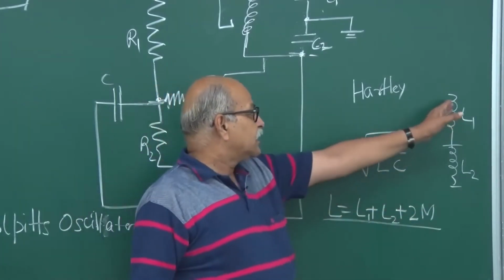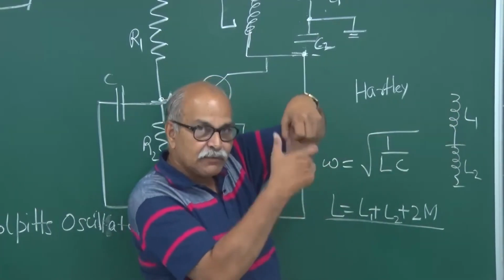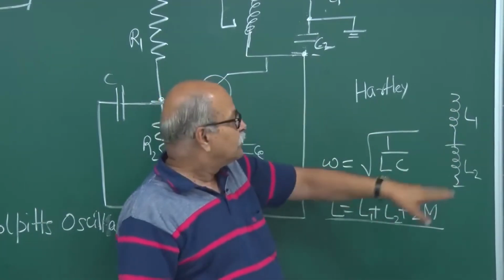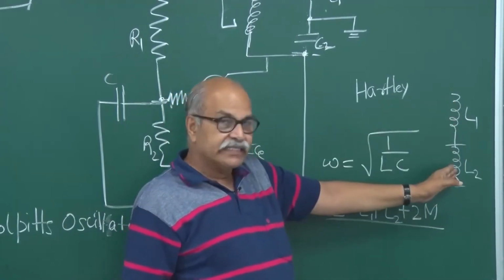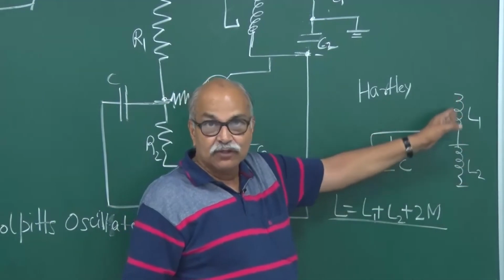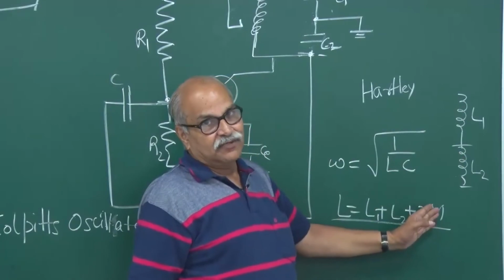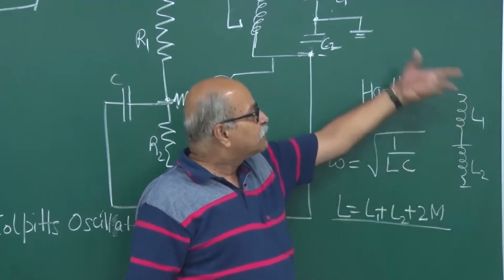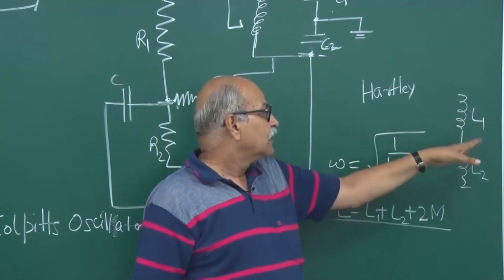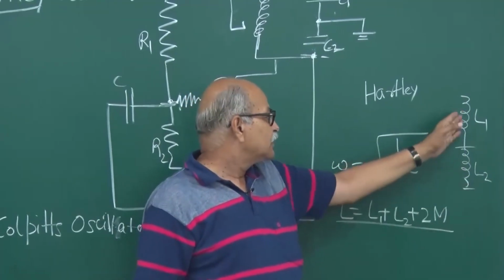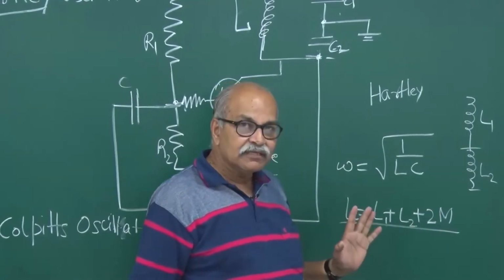If there is coupling between these two, which will happen if they are made on the same core, so that any magnetic field created by the current easily reaches the other, then you will have a good mutual inductance, and this must be taken into account. And if they are on separate cores, so that the magnetic field diverges out of the core and not much reaches the other, then the mutual inductance will be very small, and L equal to L1 plus L2 can be used.